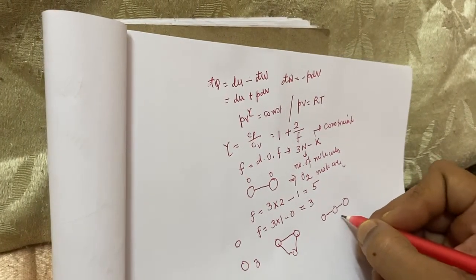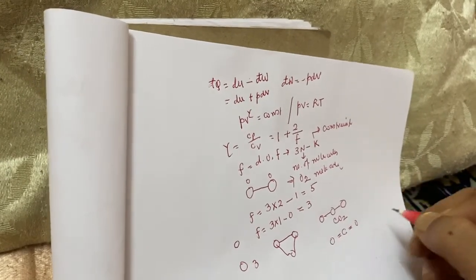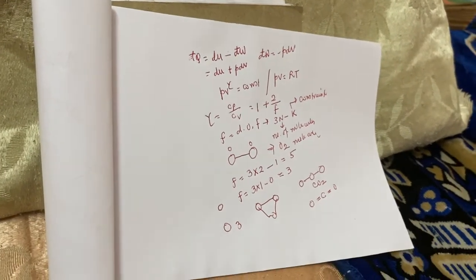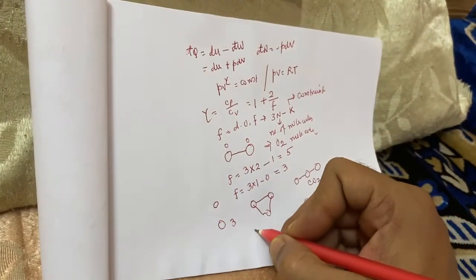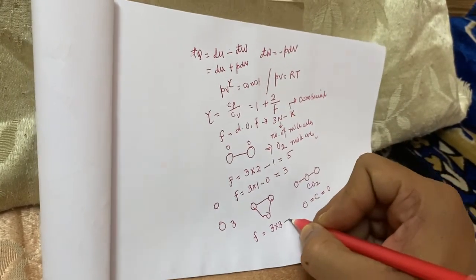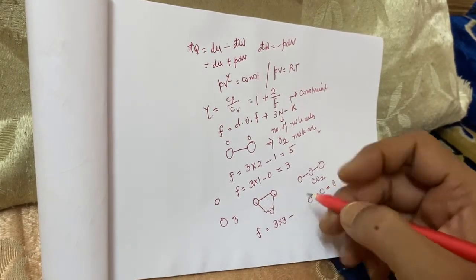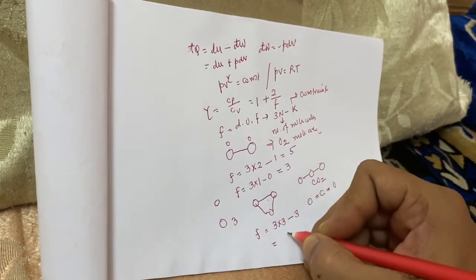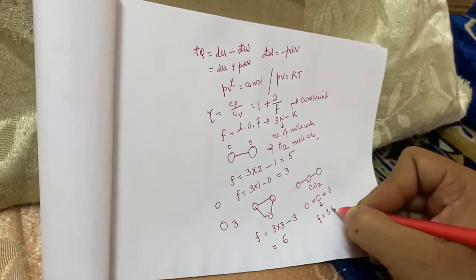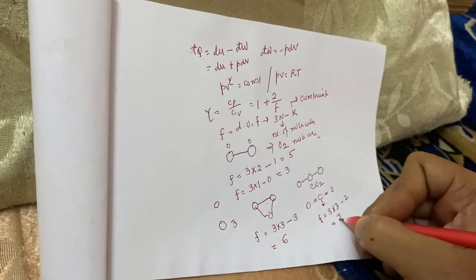This is for the carbon dioxide molecule, O C O, and this is for ozone. Now, for a triatomic molecule, F is equal to 3 into 3 minus, for this arrangement the number of constraints is 3, so the number of degrees of freedom is 6, and for this arrangement F is equal to 3 into 3, the number of constraints is 2, so it is 7.